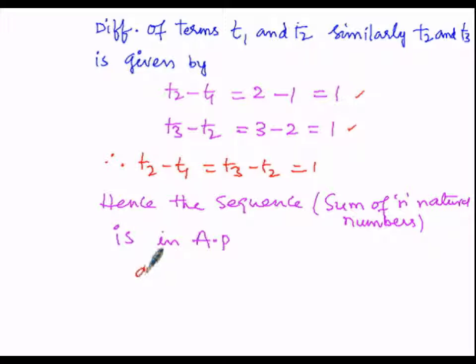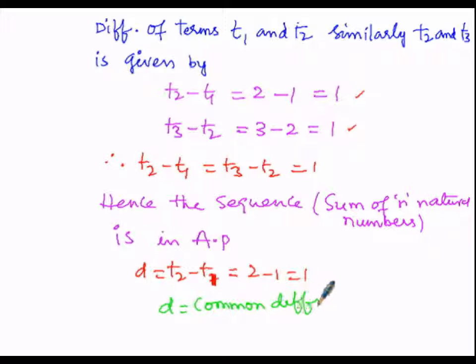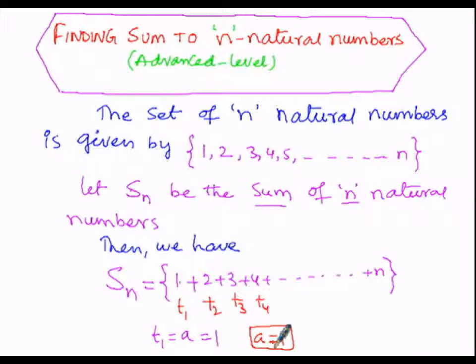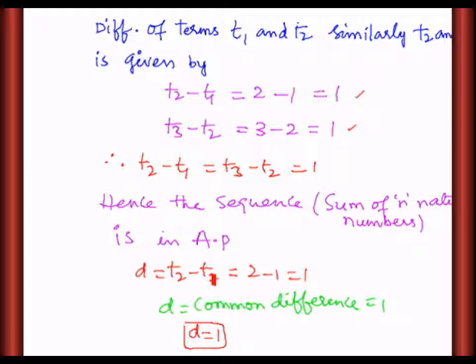The common difference, denoted by d, is t2 minus t1, which is 2 minus 1 equals 1. So in this manner I got the common difference d equal to 1. So a is 1, and the common difference d is also 1.